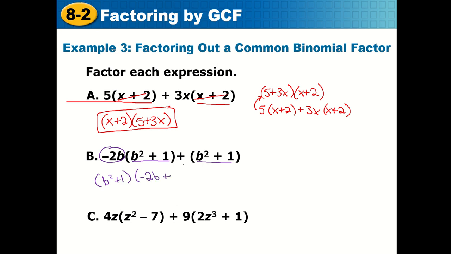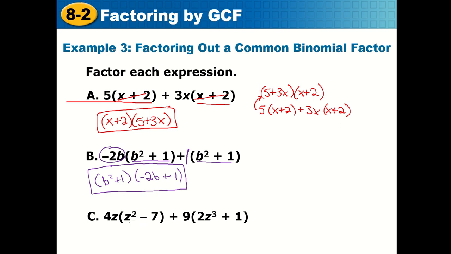And you go, but Mrs. Combs, there's nothing over here. Is it just 0? It's not just 0. Remember what happens when there's no number here. There's like an invisible number, and that number is 1. If you divide b squared plus 1 by b squared plus 1, you get just 1, the number 1. So that is that answer right there.